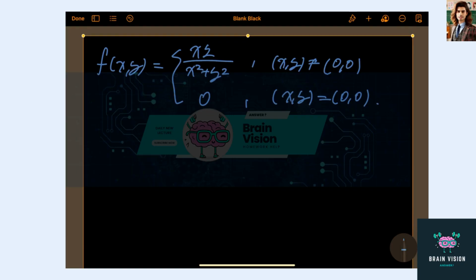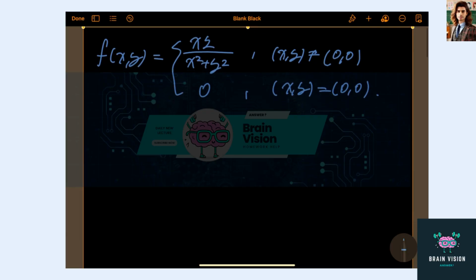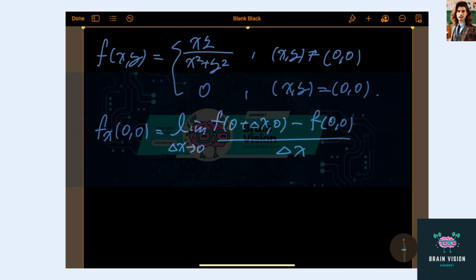Okay, so let's take the partial derivatives straight from the definition. The partial derivative of f with respect to x at (0, 0) is just the limit as delta x goes to 0 of f at (0 plus delta x, 0) minus f at (0, 0), over delta x.